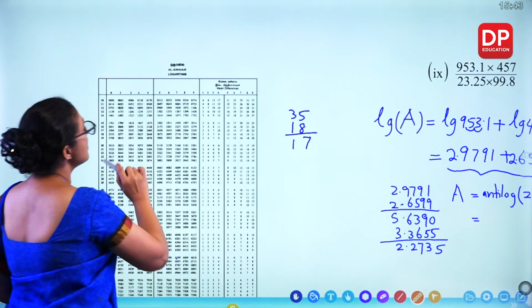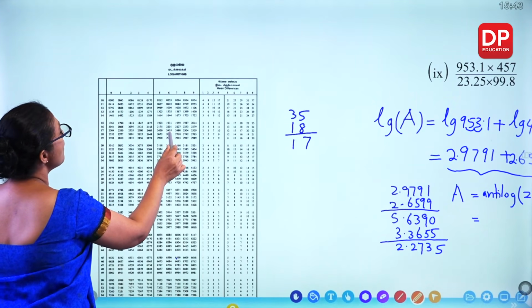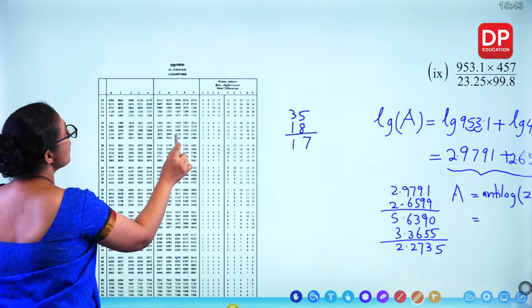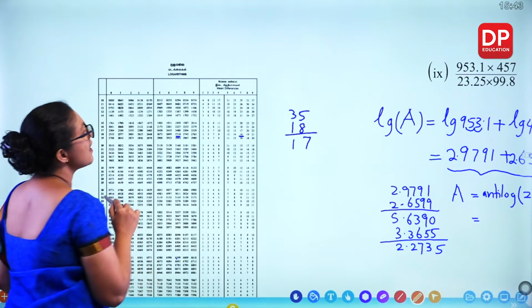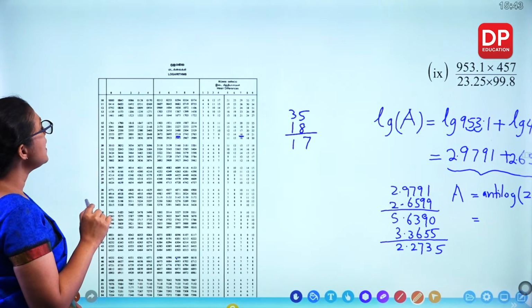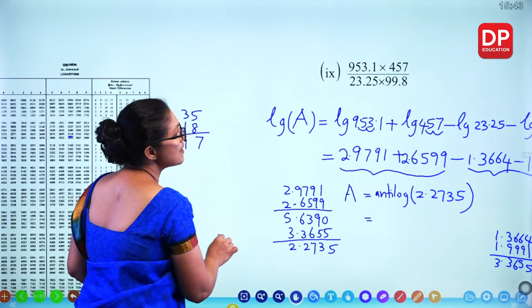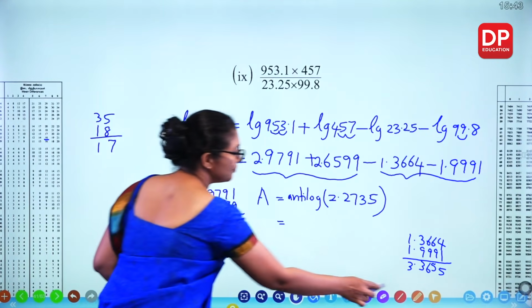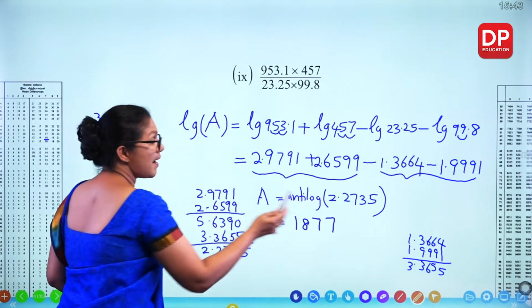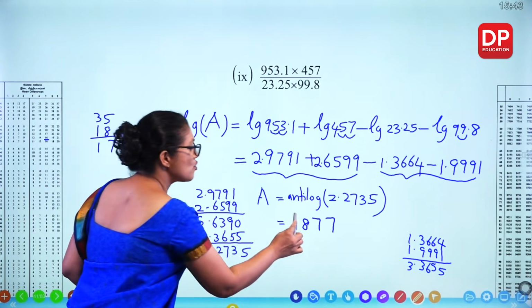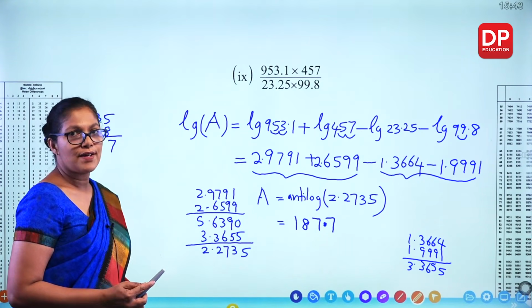So we need another 17. Where do you get 17? 16 is there. So 7. 18, 7, 7 is the antilog value. But here the characteristic is 2. That means 2 places to the right, 187.7.